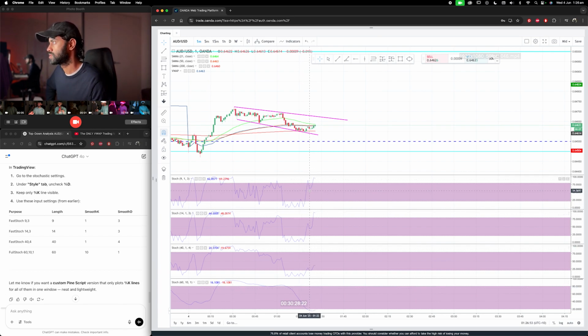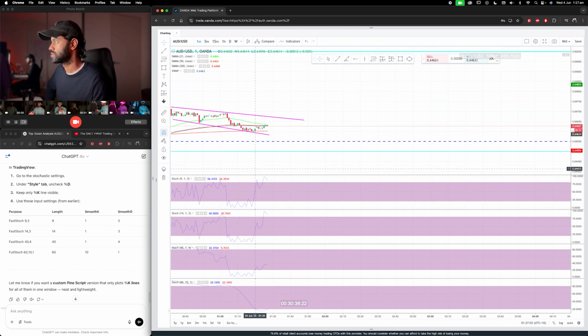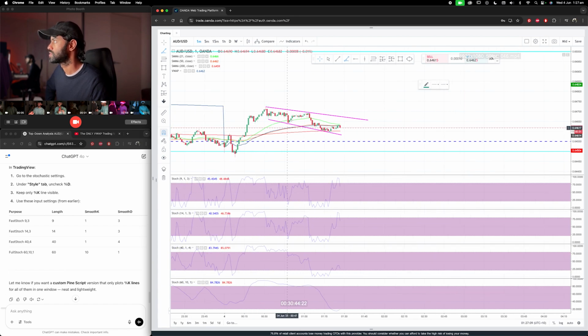No, it's not. So these three are already at a high position, but this is low. This is just turning up. So I'm going to wait for all three to come down. But there's a really good steep angle that's formed here.